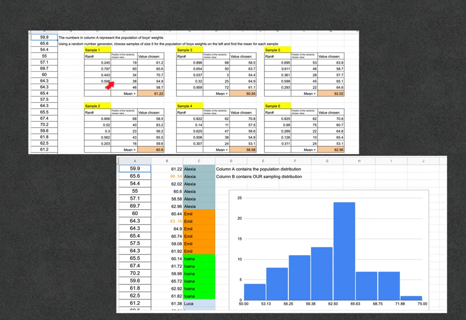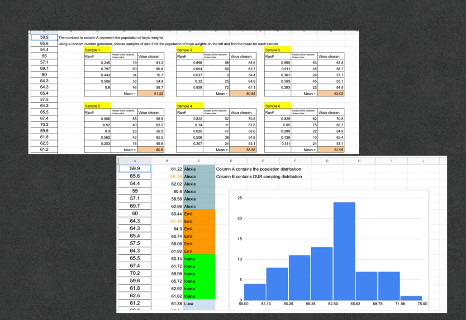You started with a random number generator and picked values from that distribution according to the rank given by the random number generator. So these were the values chosen for sample number 1, and you calculated the mean.